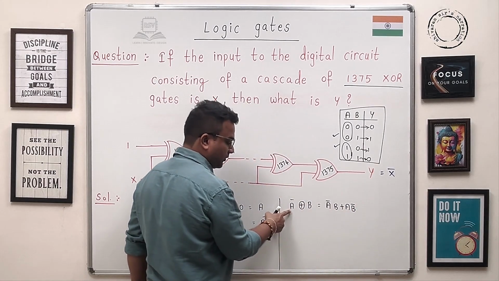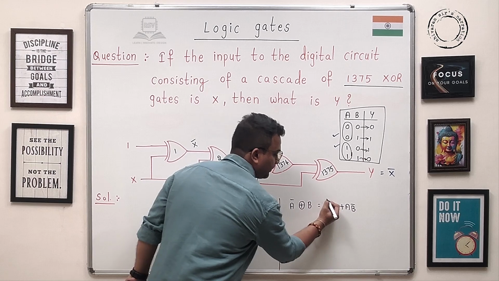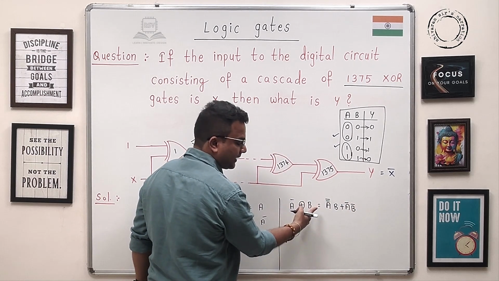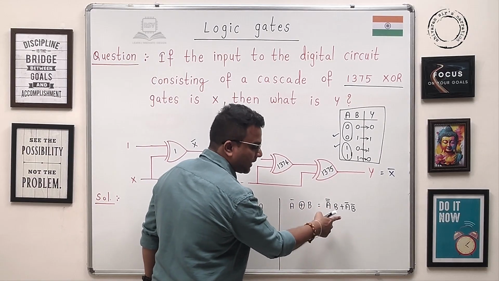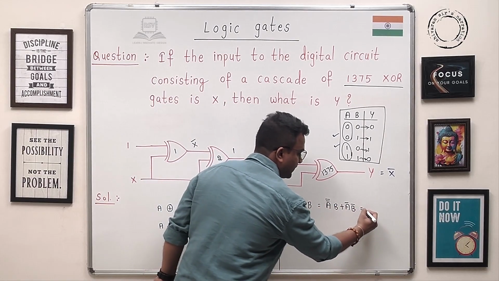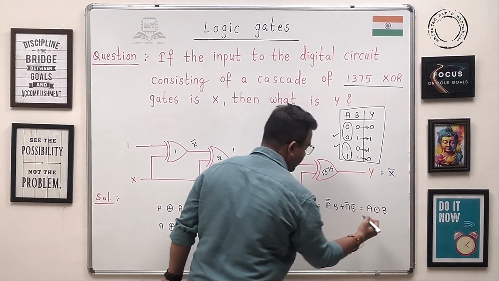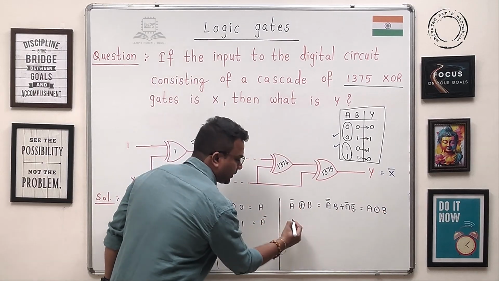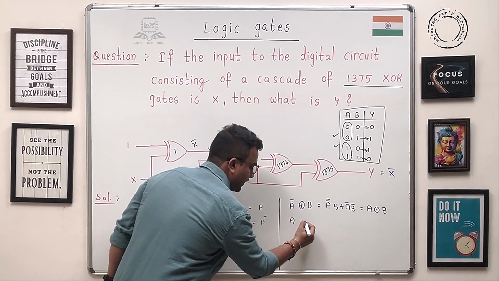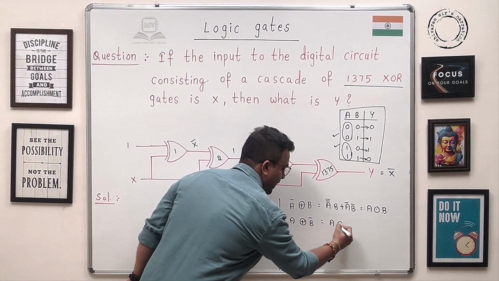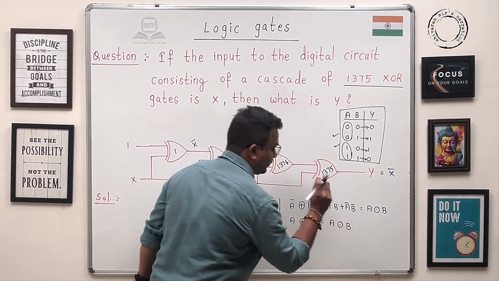Actually, in place of A, you should take A bar, so in place of A you take one more bar. Now what you will get, guys? AB plus A bar B bar, which means A XNOR B. Right? It is applicable to the other input also. If you take A XOR B bar, then also it is A XNOR B only.